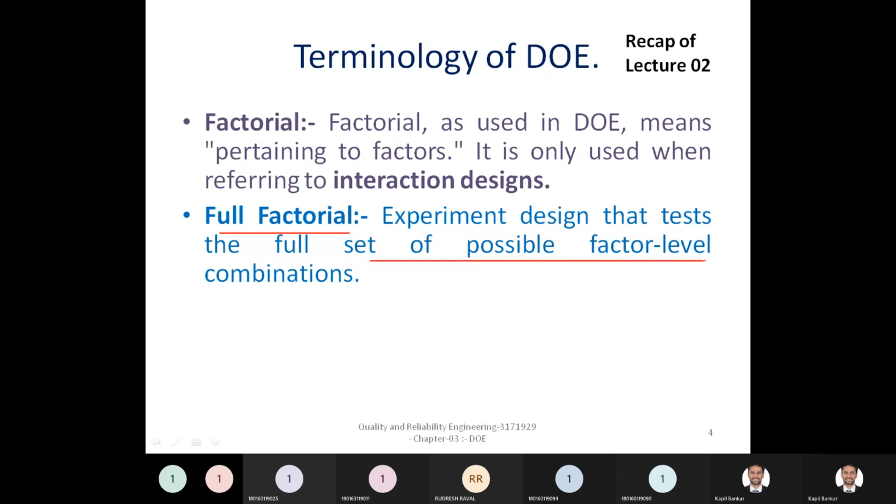You must run all levels of the experiment with each factor level combination. That is why in full factorial design, you must run a large number of experiments, because it is concerned with all levels and factors and all the combinations, that is, interactions.